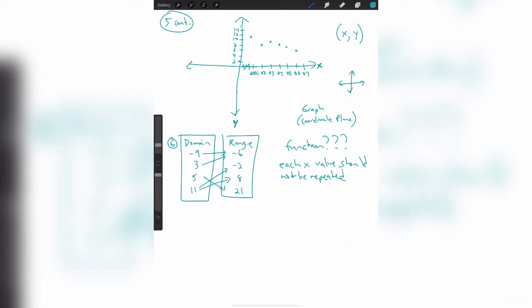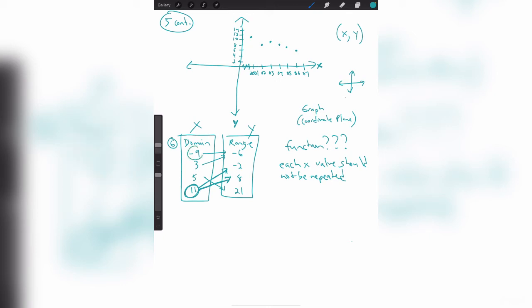In this case, my domain are all my x values and my range are all my y values. So notice that 11 is repeated. 11 goes to -2 and 11 goes to 8. Okay, which is something which can't happen.